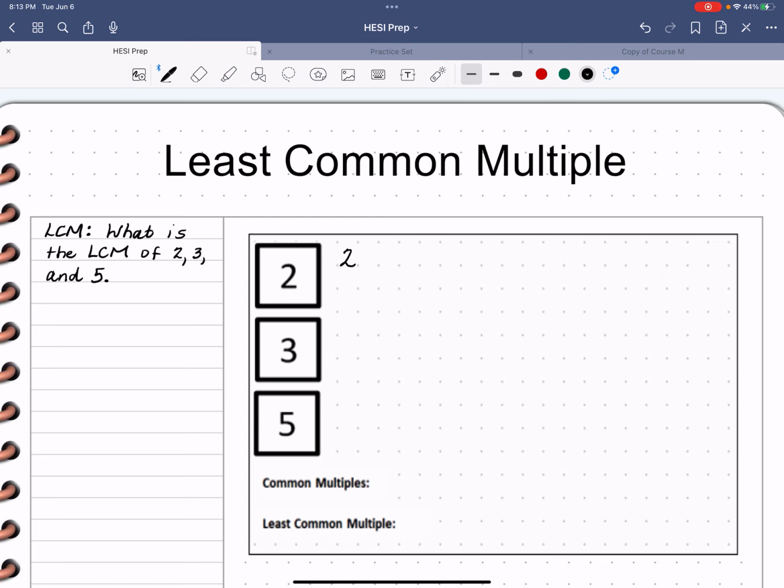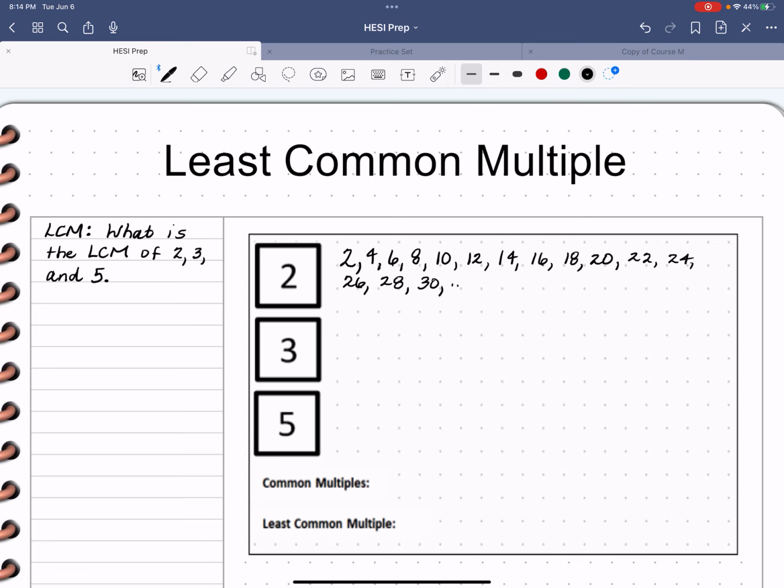And then think of your hand, your multiples on your fingers. Each finger counts as 2. So 2, 4, 6, 8, 10, 12. We're going to go all the way to 30. 14, 16, 18, 20, 22, 24, 26, 28, and 30.